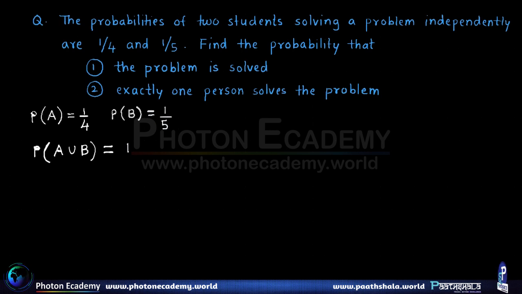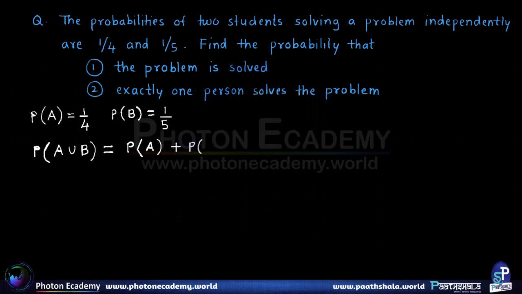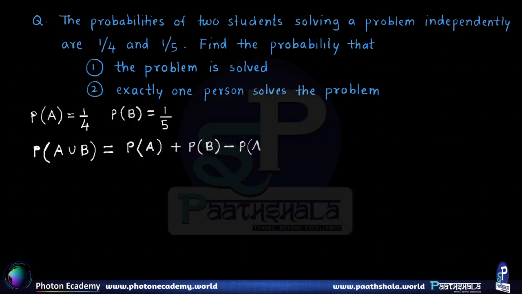Here we have probability of A plus probability of B minus probability of A intersection B. For the first two probabilities we have the values given directly.